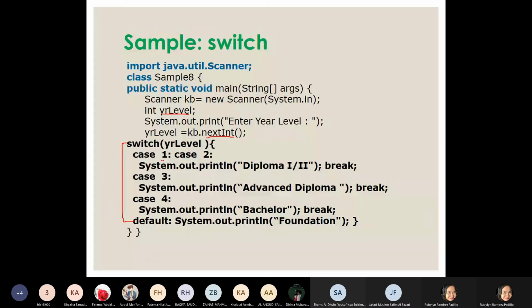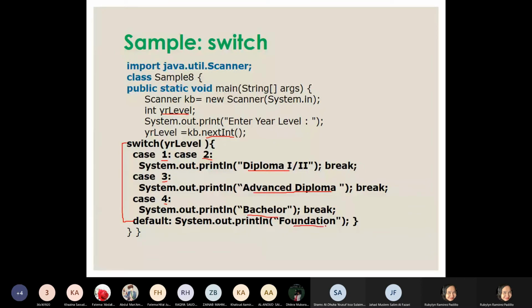If year level is 1 or 2, then you are still in diploma level, diploma first year or diploma second year. If you are year level 3, you are already in advanced diploma, third year. And if you are on the fourth year, you are already in bachelor level. Otherwise, if not in 1 to 4, you are still in foundation level.